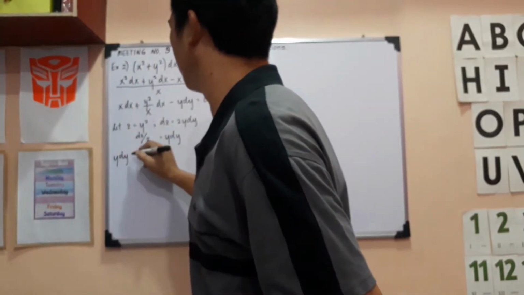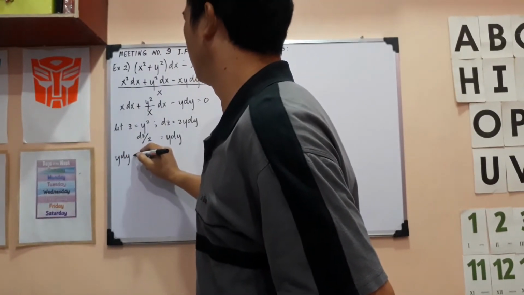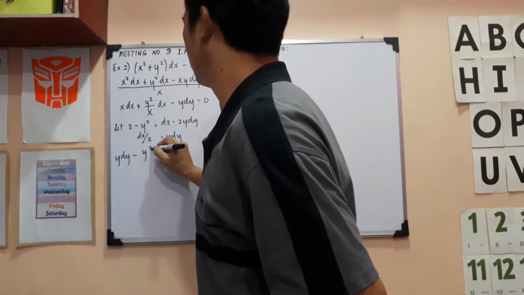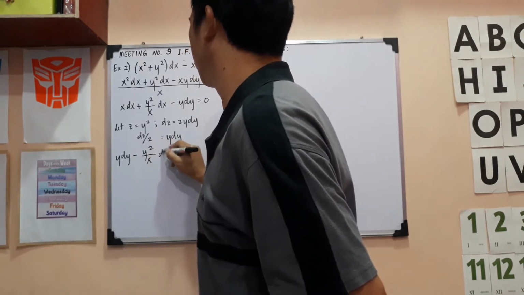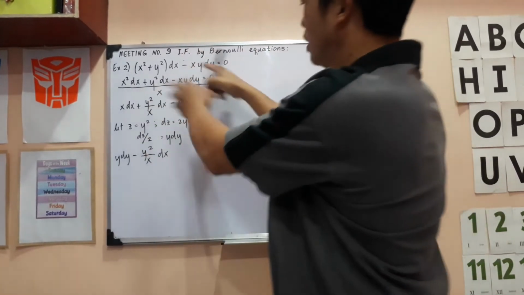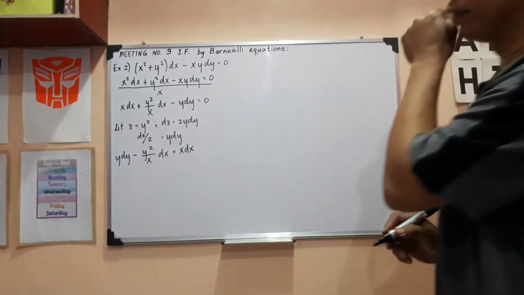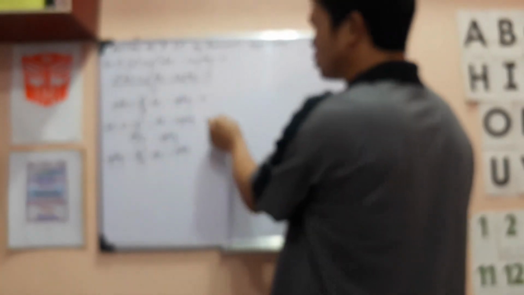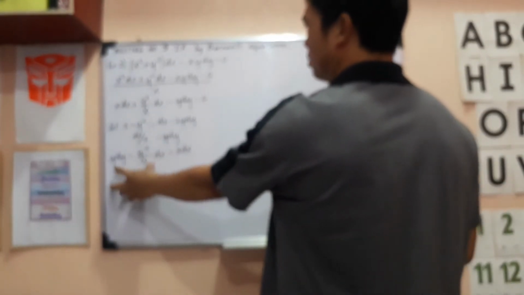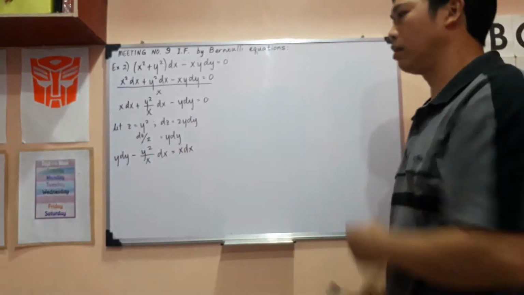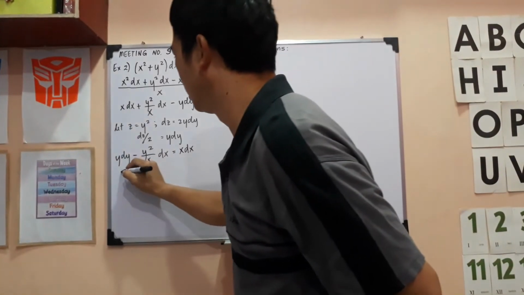Gawin natin positive. And then, minus y square all over x dx. Tinranspose ko doon ha. Naiwan yung x dx. Okay? So, ulitin natin. Transpose. Kaya, nag-iba ang sign. Naiwan. Pinagbaligtad. Okay lang yun.